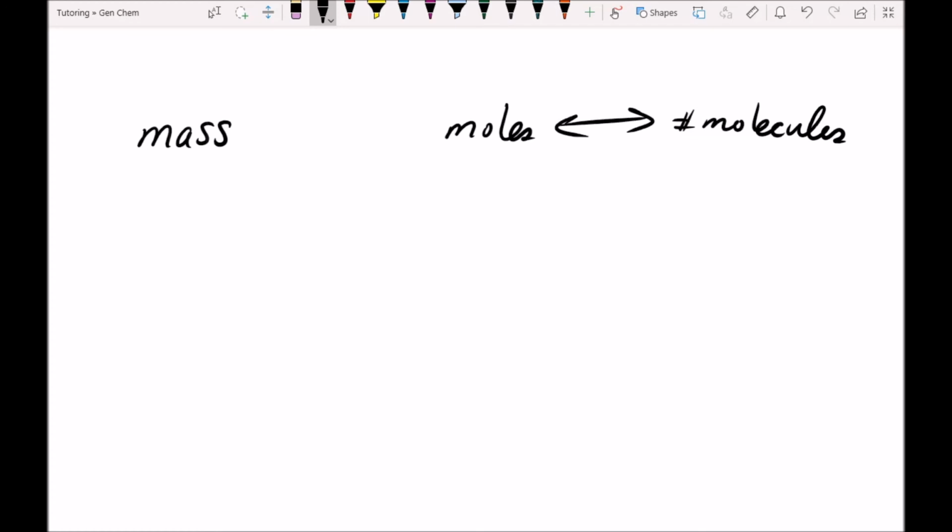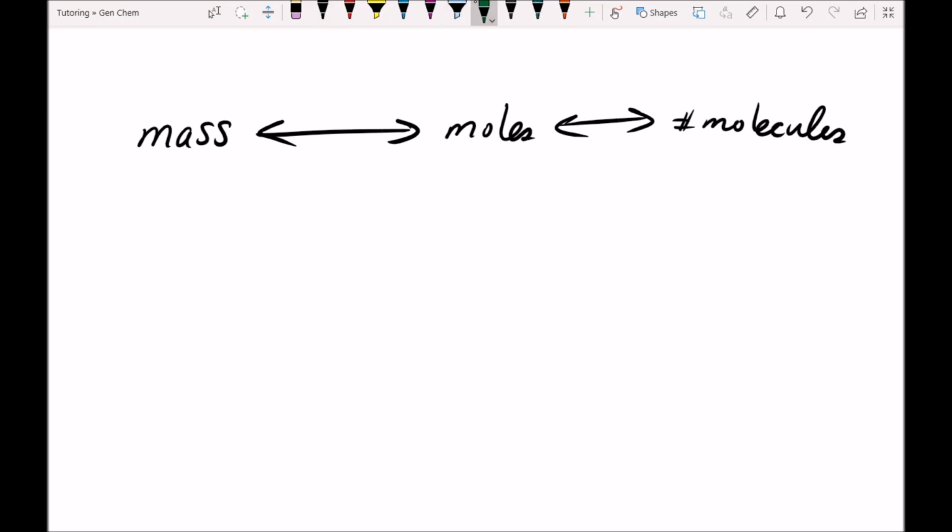And so let's look a little bit at the relationship between these different units. We have mass and moles and number of molecules, that is. And we can convert from one to the other quite easily.